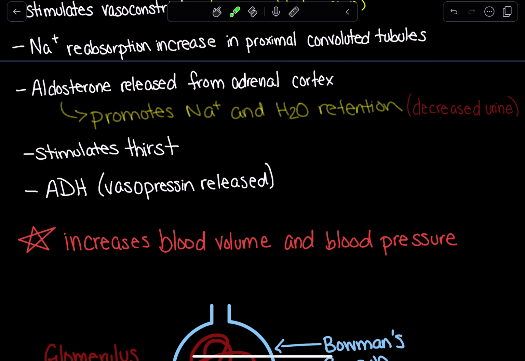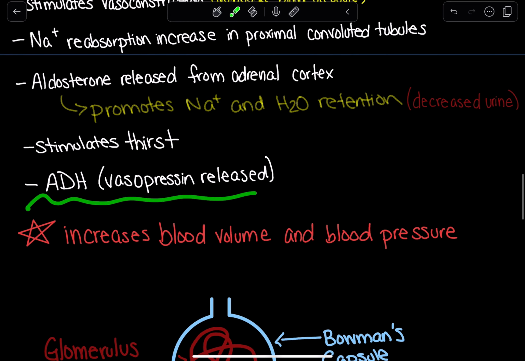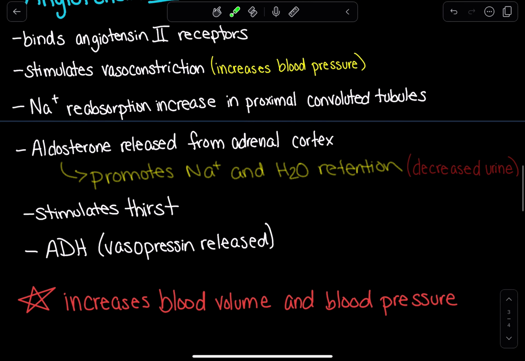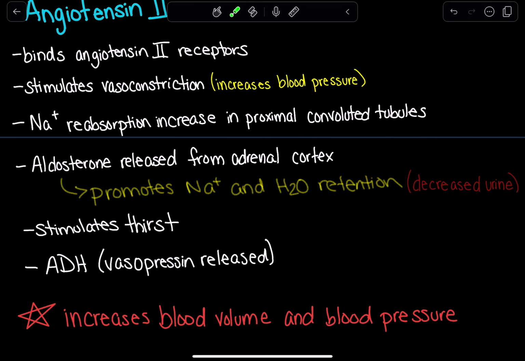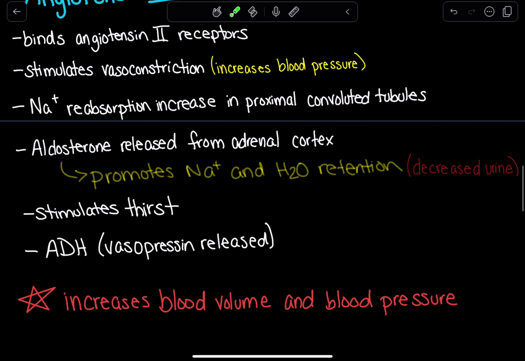And then we have the release of antidiuretic hormone, or vasopressin. So antidiuretic hormone will be released by your posterior pituitary. So the angiotensin will actually stimulate your hypothalamus, and your hypothalamus will then stimulate your posterior pituitary to release antidiuretic hormone, because you want to retain water to increase your blood pressure.